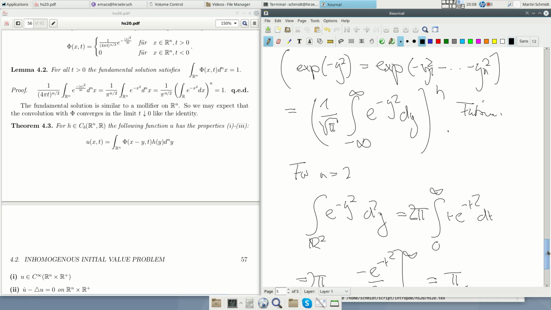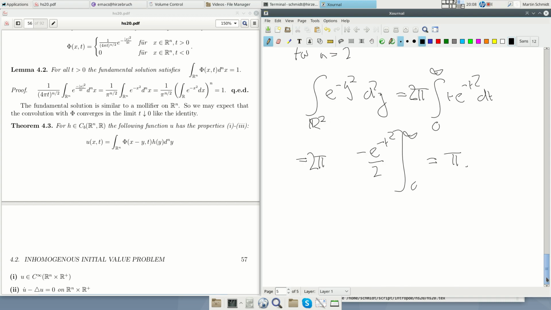So by this formula we see that the integral from minus infinity to plus infinity of e to the minus y squared dy is just equal to square root of pi.